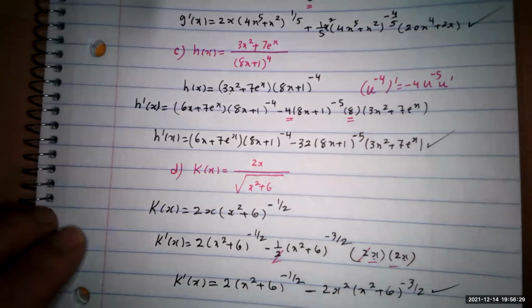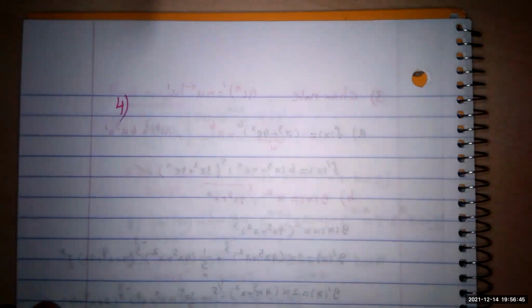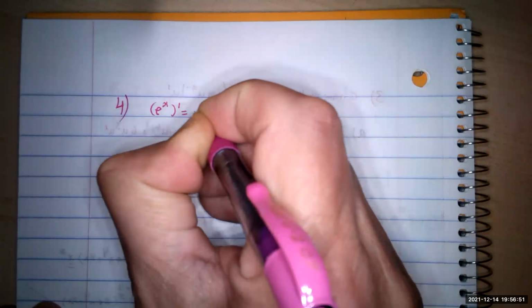So I give you the idea of the formula that we need to use for this one. The second part of the derivative question is going to be this one, and this is what you need. You need to know that the derivative of e to the x is just e to the x.